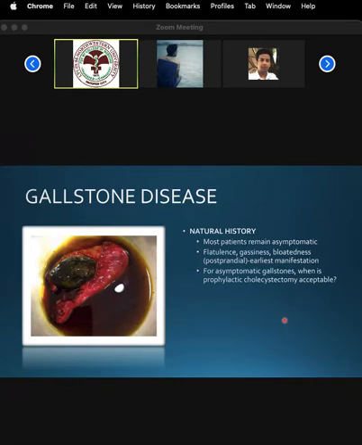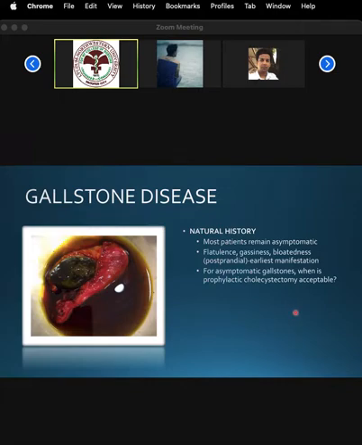Why? Because you have an increased incidence of developing emphysematous cholecystitis in patients with diabetes mellitus. And this is common in male patients within the 40 to 50 years of age range. Okay, and mind you, emphysematous cholecystitis has a high mortality rate that goes along with the disease.